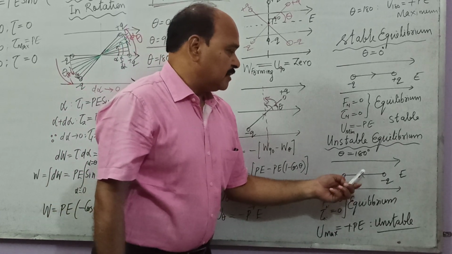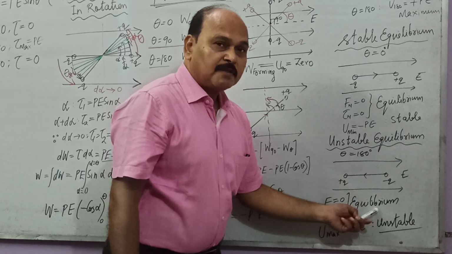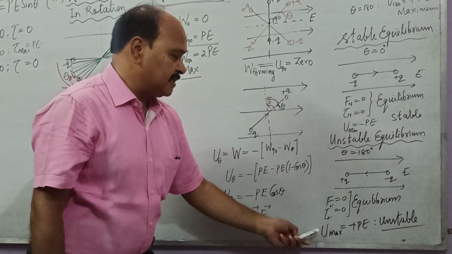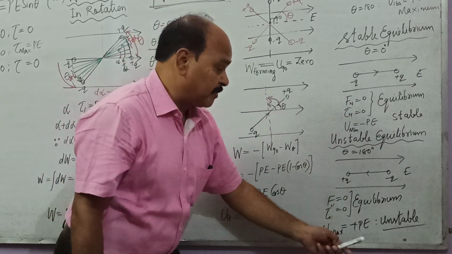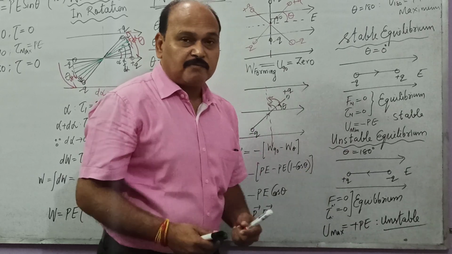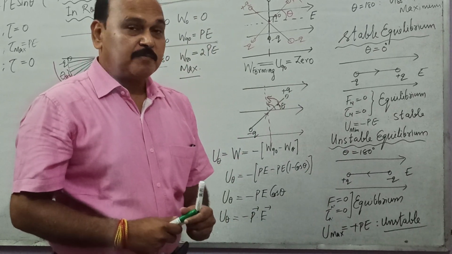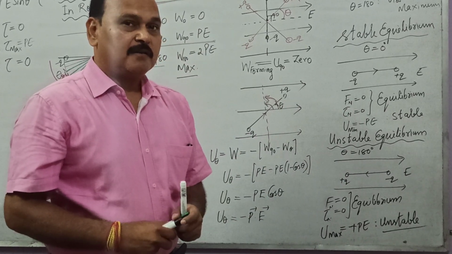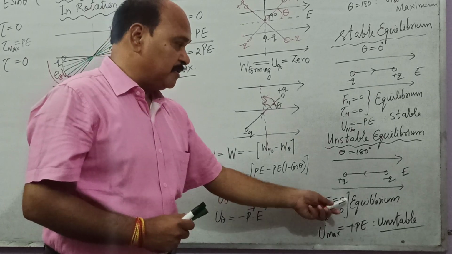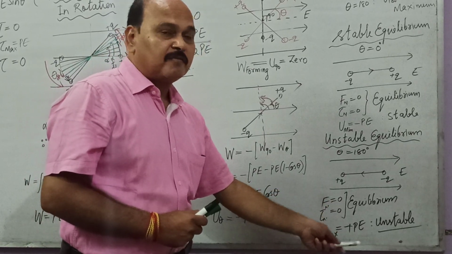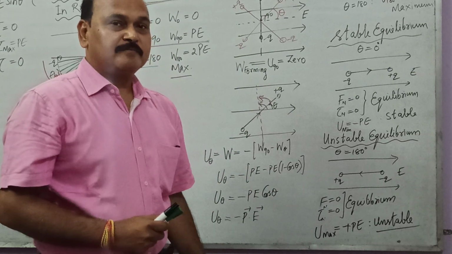Therefore, the dipole is in equilibrium. And what is potential energy when theta is equal to 180 degree? Potential energy is maximum. And when potential energy of the system is maximum, the system is unstable. So it is in equilibrium, but it is what? Unstable on account of potential energy being maximum.